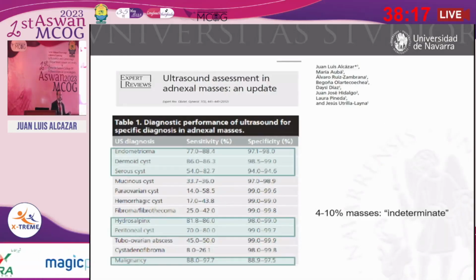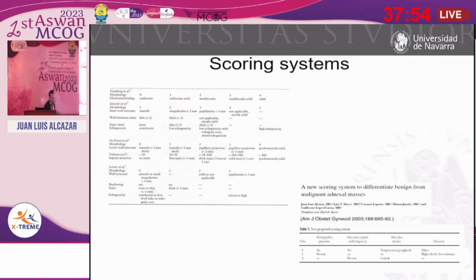When performed by an expert examiner, the sensitivity and specificity of this technique is very high, more than 90% specificity and sensitivity. And only about 4 to 10% of the masses will be considered as indeterminate. That's it. We can't say if the tumor is benign or malignant.